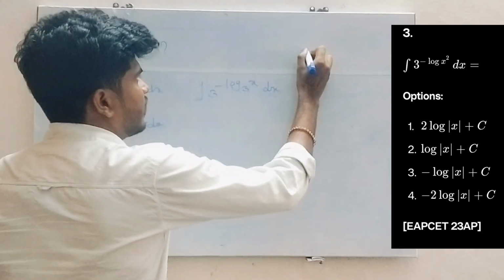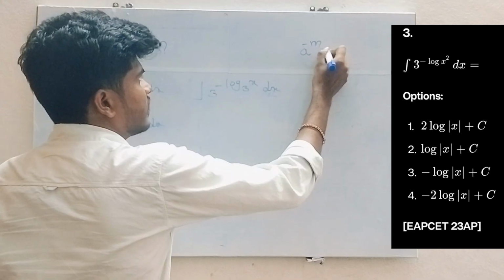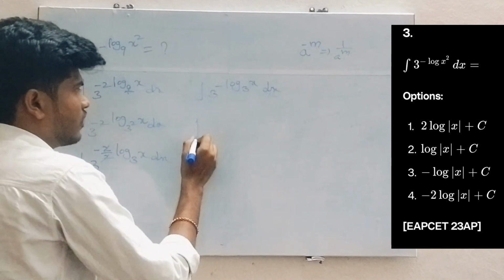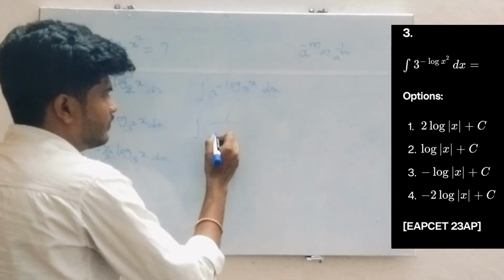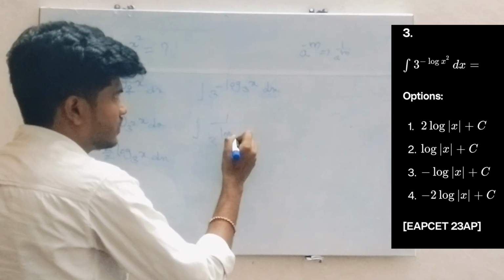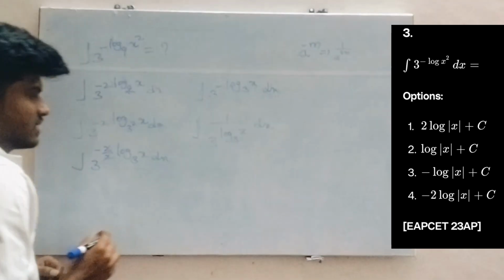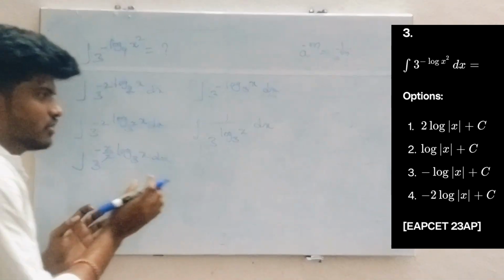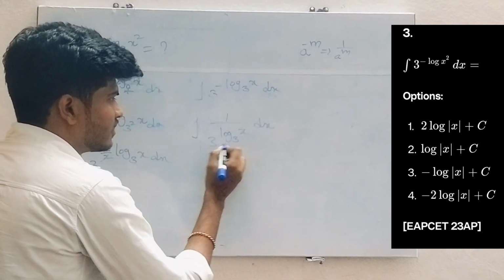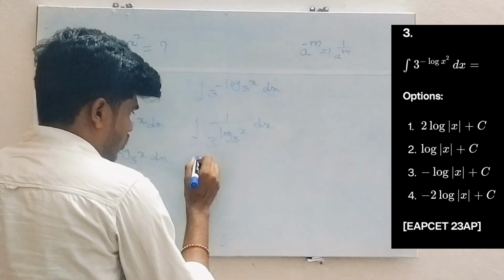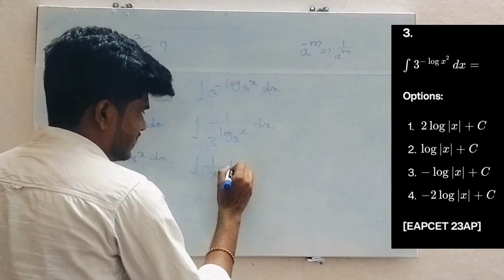What is a power minus m? It equals 1 by a power m. So integral of 1 by 3 power log of base 3 x dx. Here we can observe this term: base and power values are both the same, so cancel the log, so 1 by x dx.